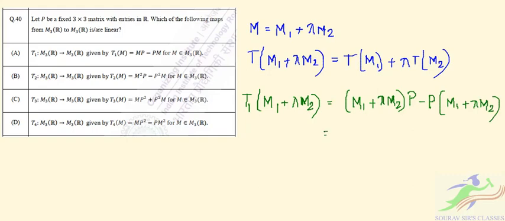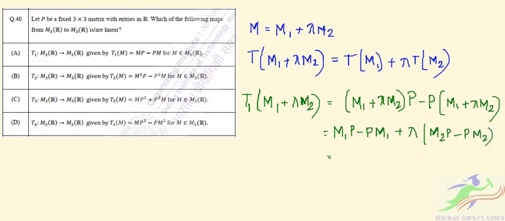Now we organize the equation: M1P minus PM1 plus, taking lambda as common, M2P minus PM2, right?